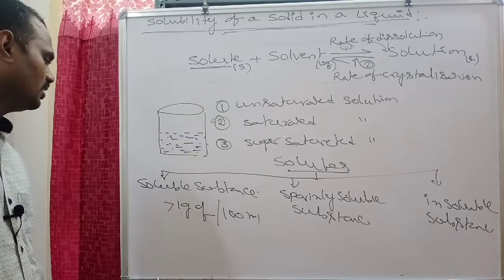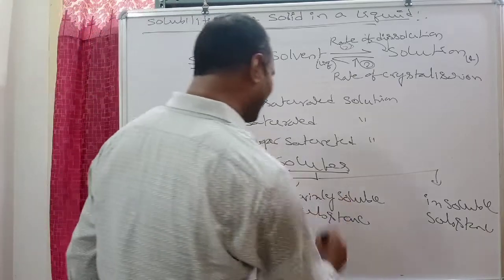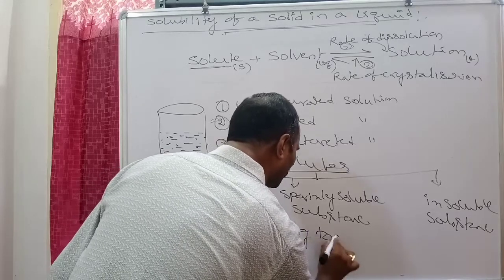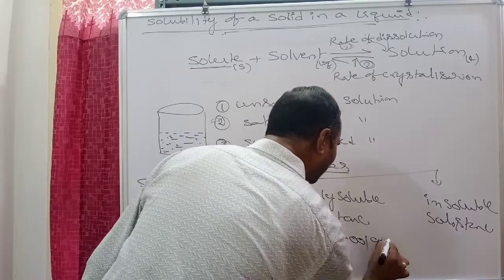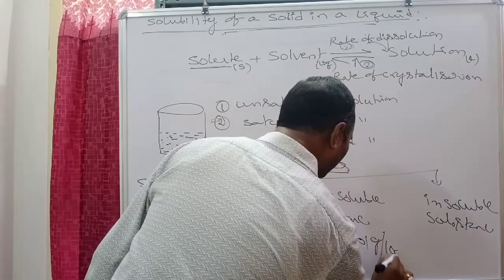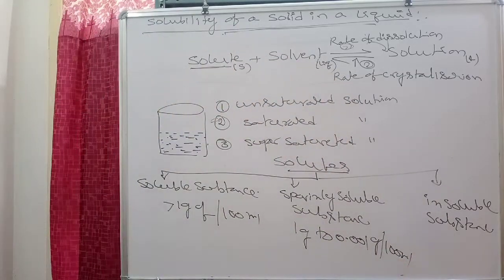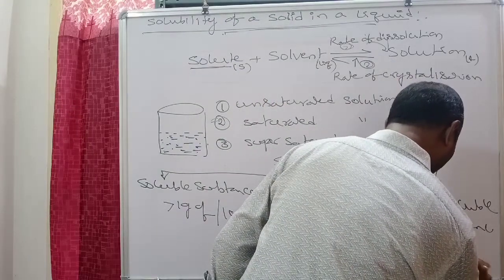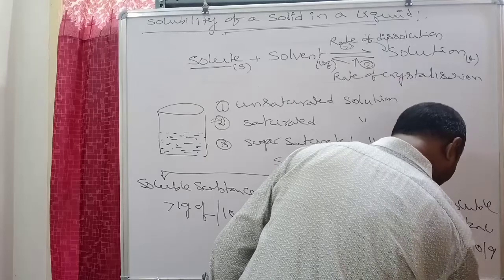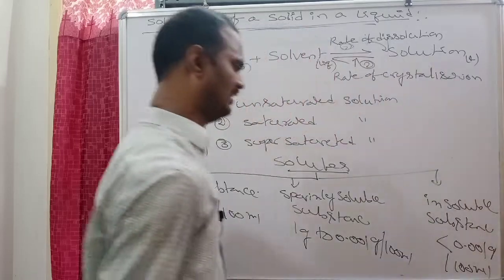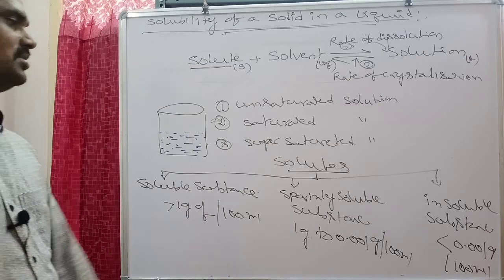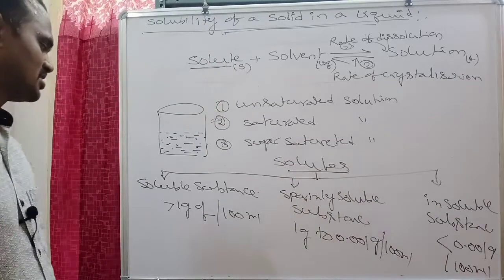If any solute dissolves less than 0.001 gram in 100 ml of solvent, such substances we call insoluble substances.